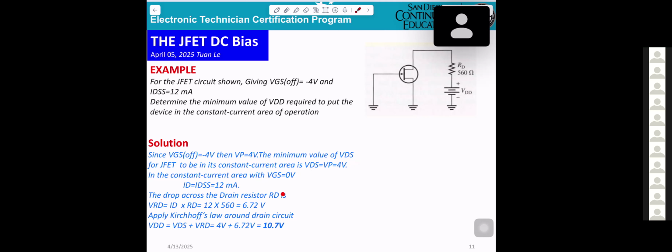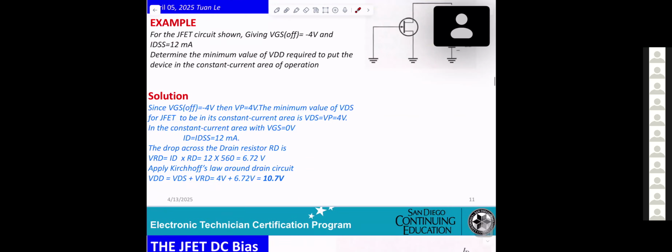They calculate the voltage across RD, which is 6.72, then apply Kirchhoff's law around the loop and calculate VDD. If you get the time, you can go in depth.